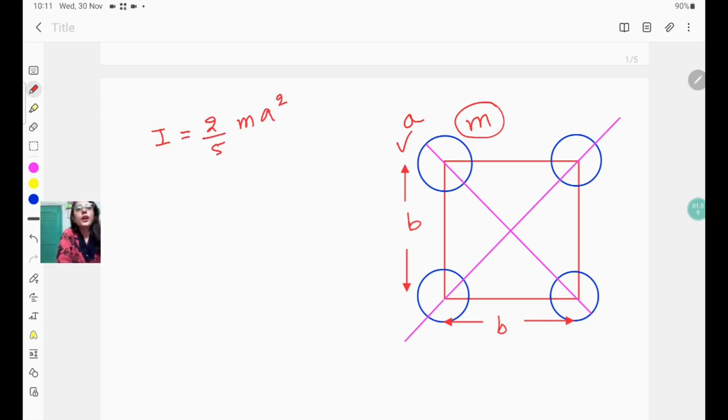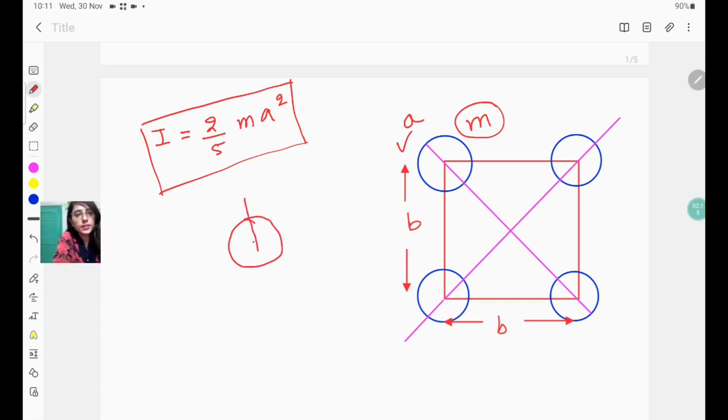So I = 2/5 ma² is the basic moment of inertia of each of these spheres about an axis passing through its center of mass. That is, if this one is the sphere and this one is the axis of rotation about which it is rotating, then the moment of inertia about this axis is 2/5 ma².